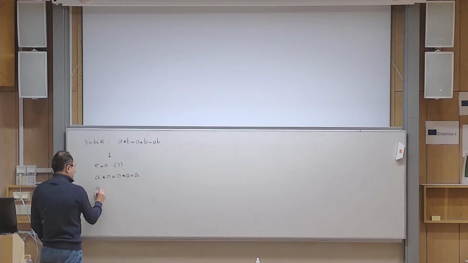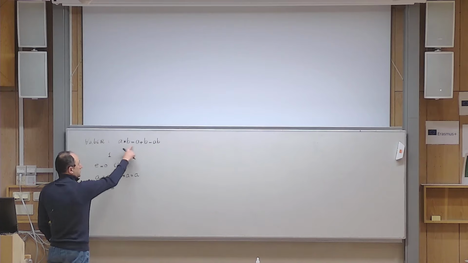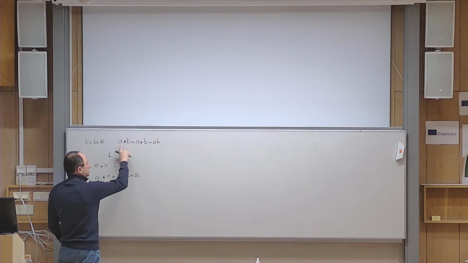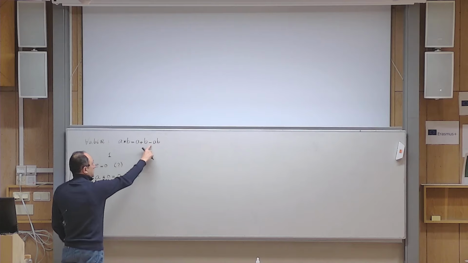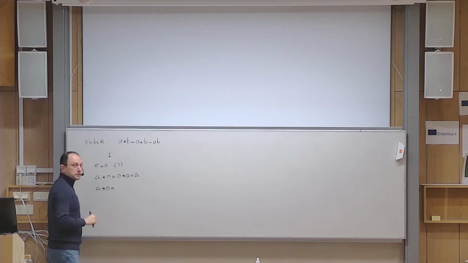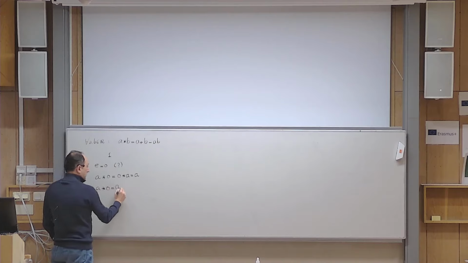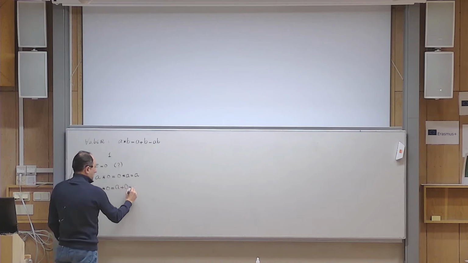Because, for example, if I want to write A star 0, I use the definition of the binary operation. So A star B is equal to the first element plus the second element minus the product of these two elements. Yes? So I will do the same: the first element plus the second element minus the product of these two elements.